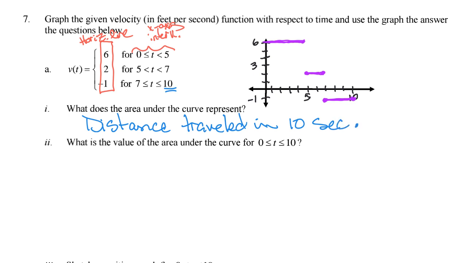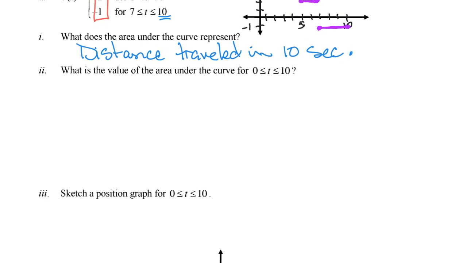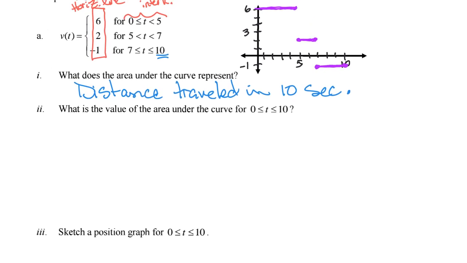Okay. What is the value of the area under the curve from 0 to 10 seconds? Okay, well, let me scoot my paper up here a little bit. So what they're asking us for is if I evaluate each section, that is going to end up being the area under the entire curve.